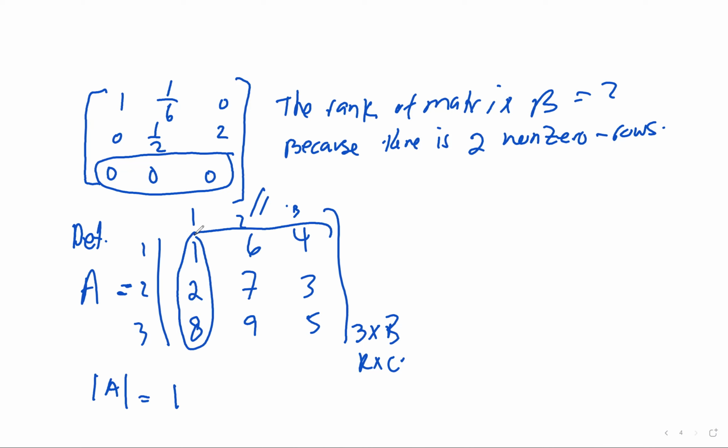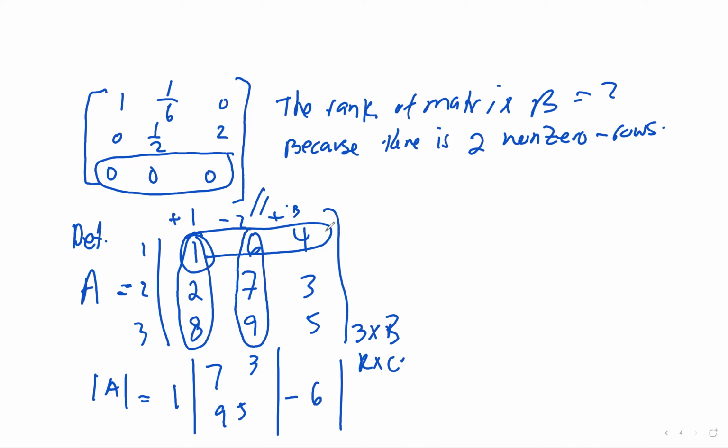So it's 1 times 7, 3, 9, 5. Again, don't forget, plus, minus, plus. And then we have the second one. So we have minus 6. Now what we're going to do is block this row and this column.